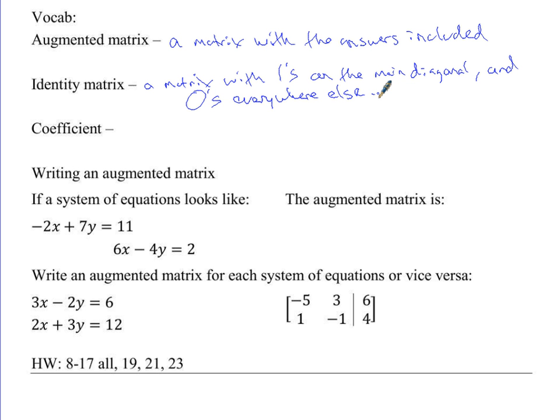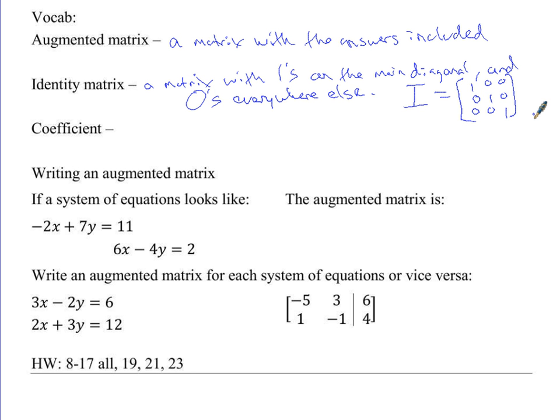The identity matrix is usually referred to with the capital letter I, which is why we don't use I for matrices. An identity matrix, if it's a 3 by 3, would look like this. Ones down the main diagonal, that is the main diagonal, and zeros in every other position. The dimensions of that identity matrix are 3 by 3.